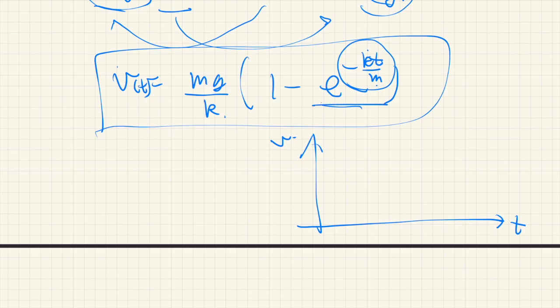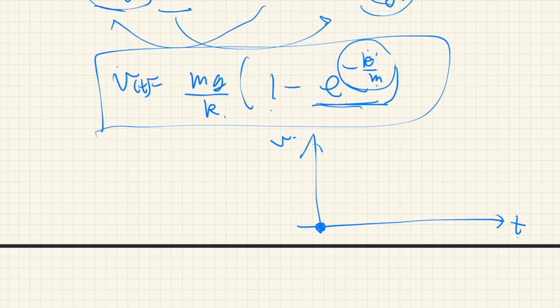And so this exponential function converges to 0 here. And when t is equal to 0, then this is equal to 1. So 1 minus 1 is 0. So at this point, it's 0. So this is consistent with the initial condition. We actually specified the initial condition so that the velocity is 0 at time t equal to 0.